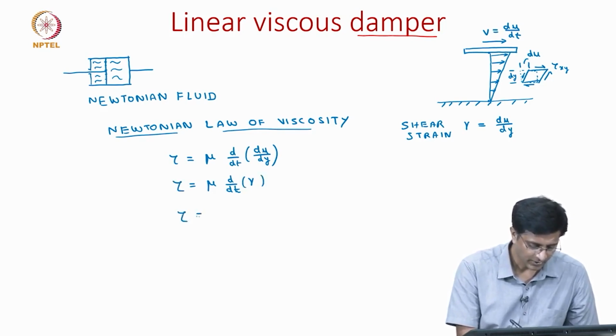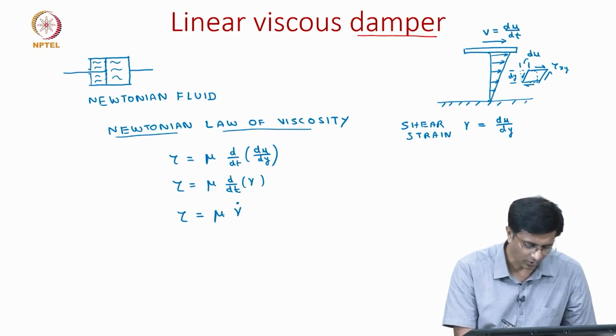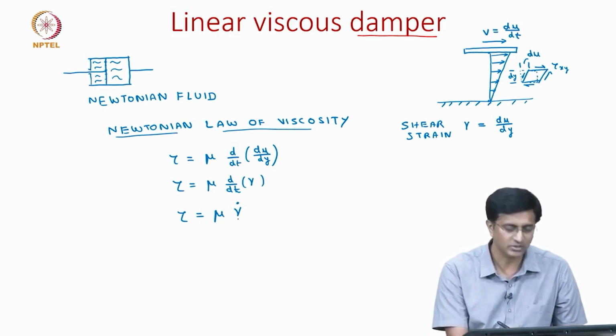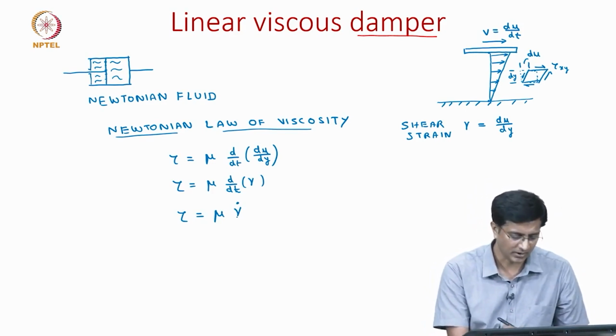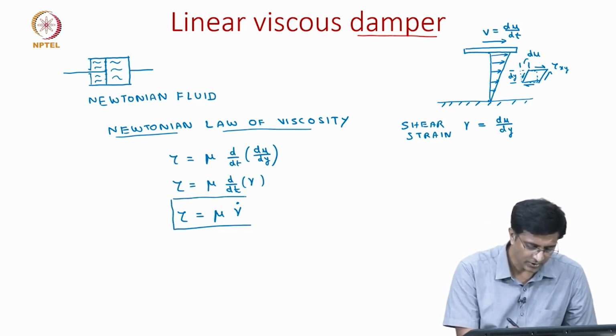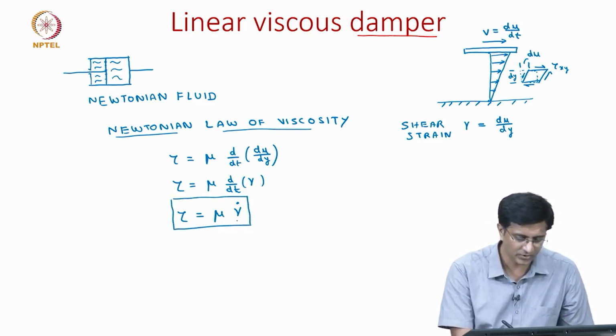So, we can simply write it as shear stress is viscosity times the strain rate. We represent it with a dot at the top of the shear strain gamma to represent that it is the first derivative with time. This gives us the Newtonian law of viscosity relating the shear stress with the shear rate.